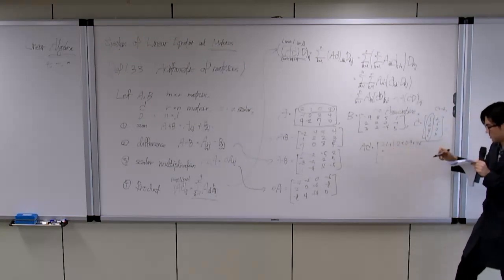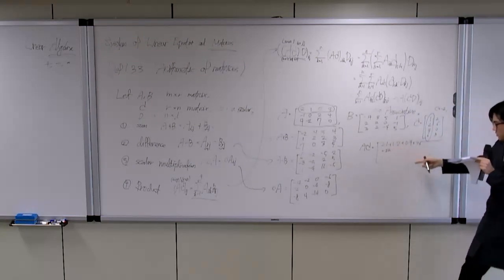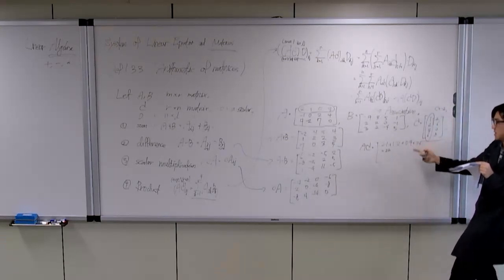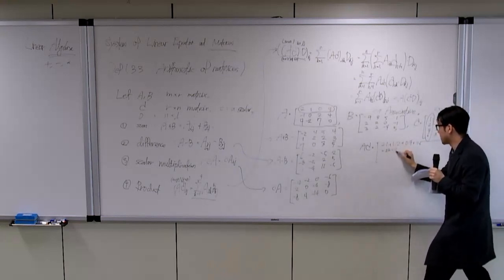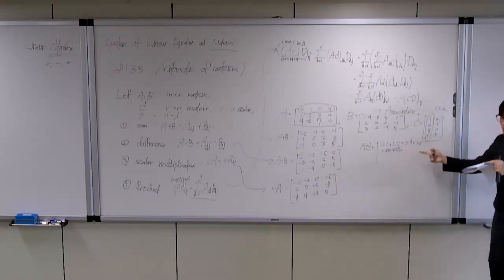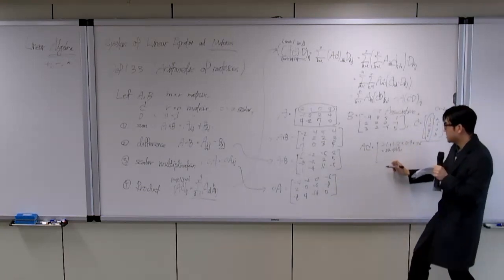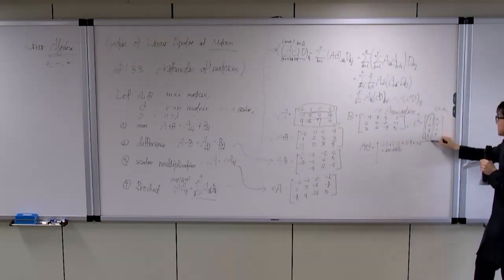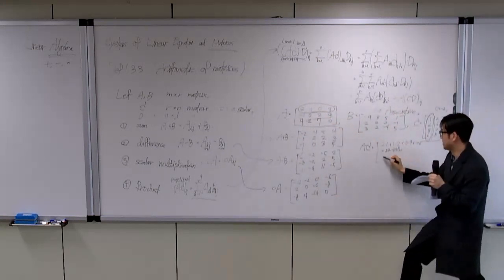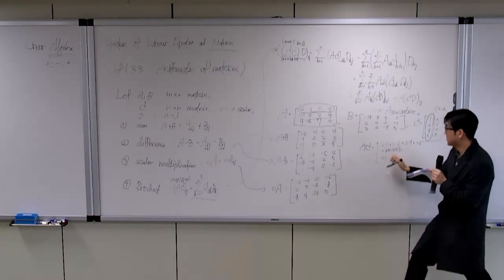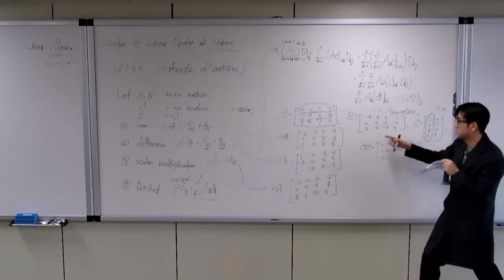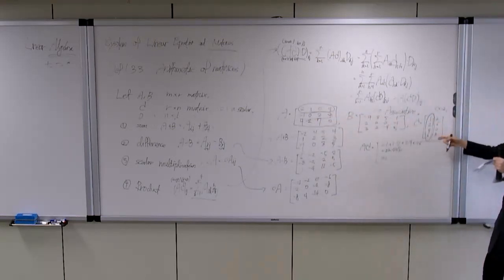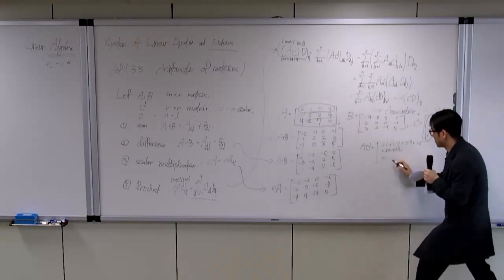If I calculate it, then it will be 2. You can calculate like this: -1 times 1 plus 0 times 2, and so on.